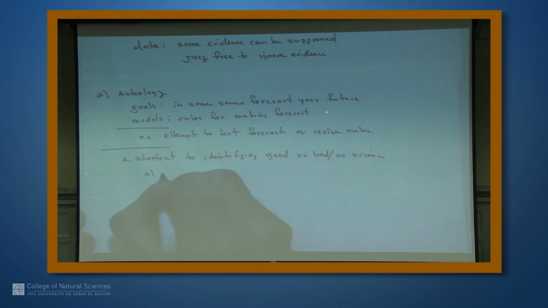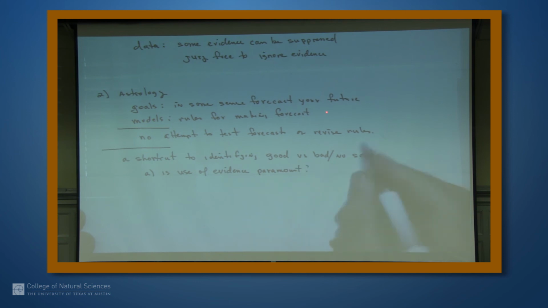A is the use of evidence paramount. I already said this was a characteristic. Yes, if it's good science.